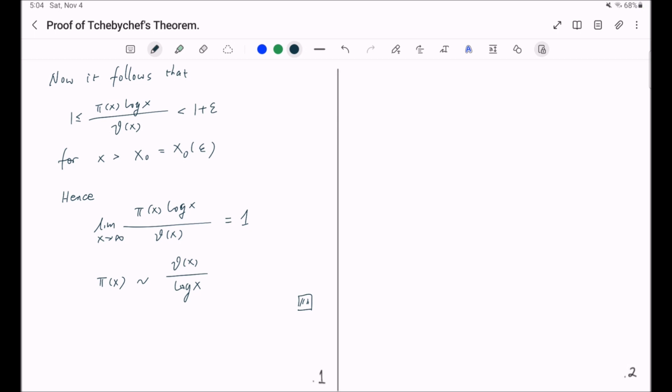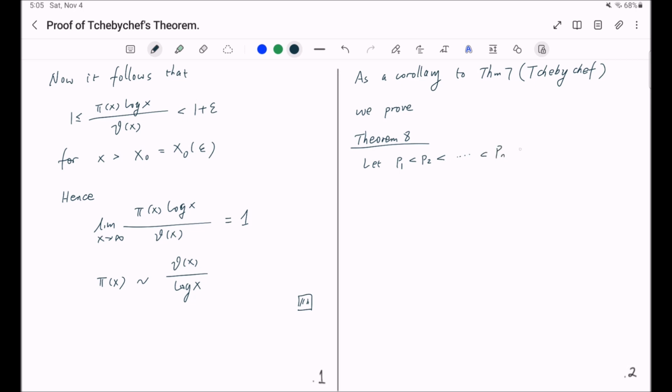Now, as a byproduct of Tchebyshev theorem, let us establish the following. We let P1, P2, and so on be the list of primes in increasing order.